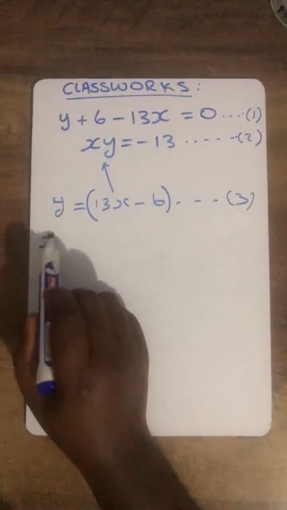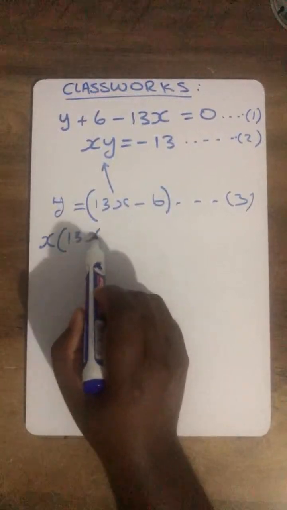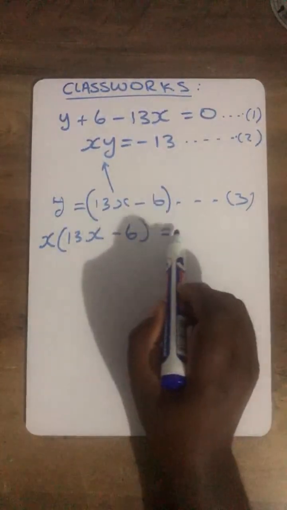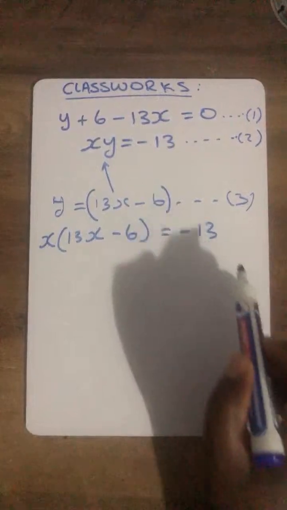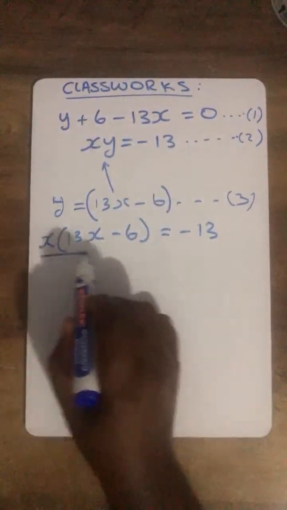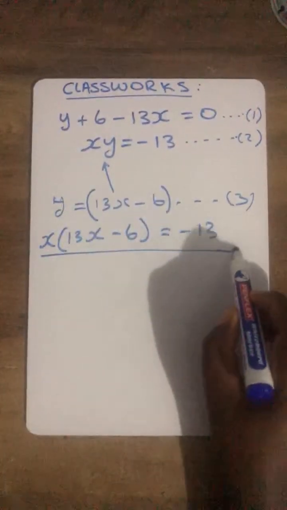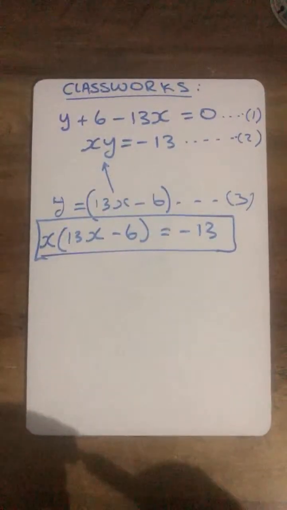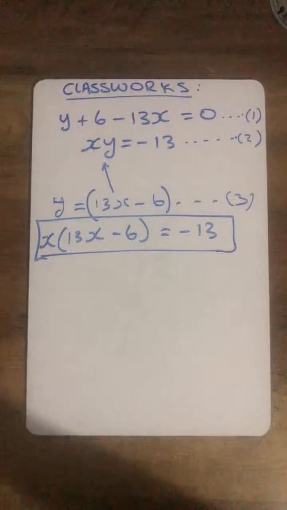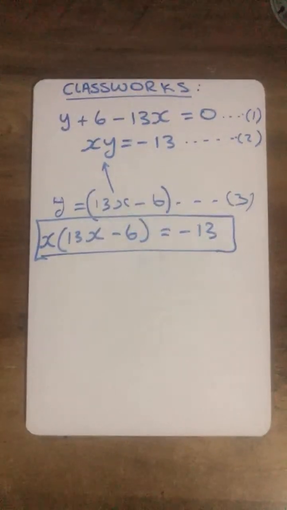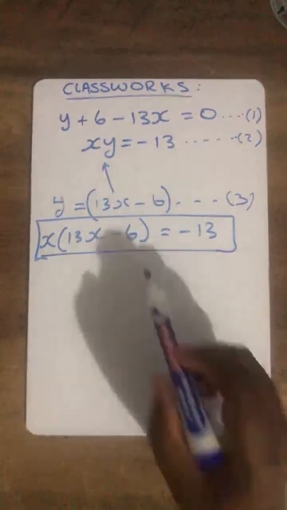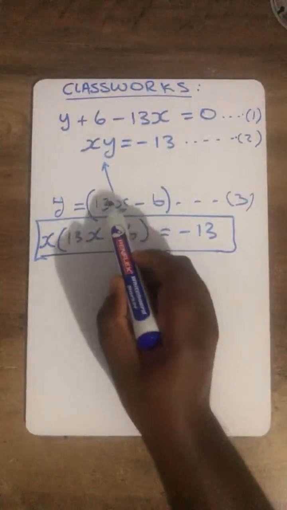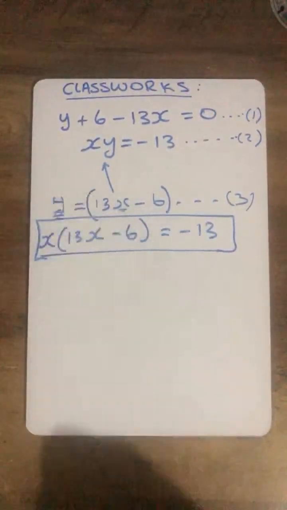So it's like you have x into 13x minus 6, which is equals to negative 13. Can you see everything here is x? So you just need to solve for x. That's it. The x values that you are going to substitute there, both of them, to get the y value.